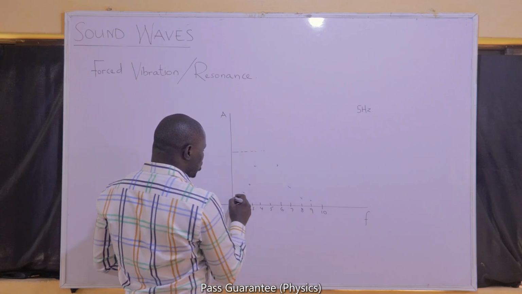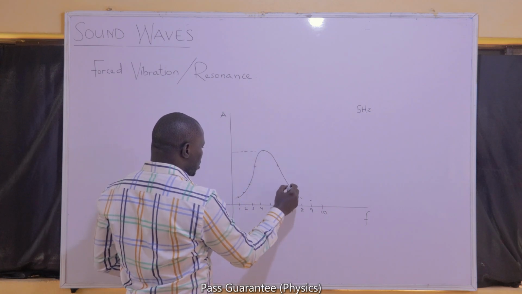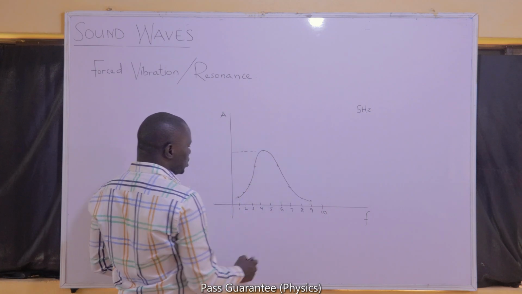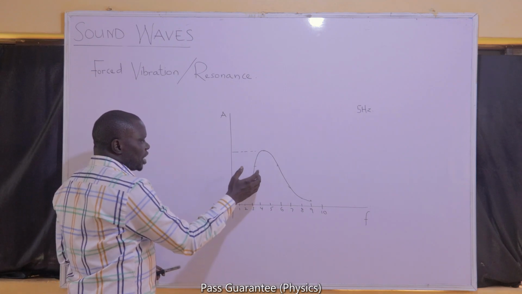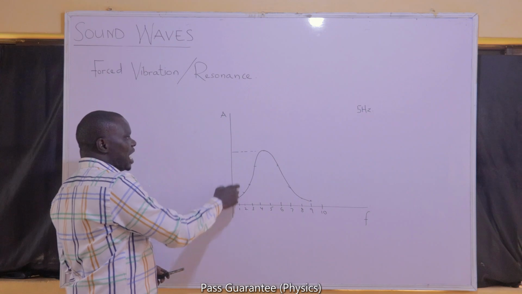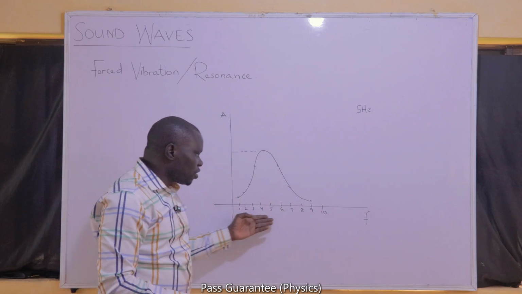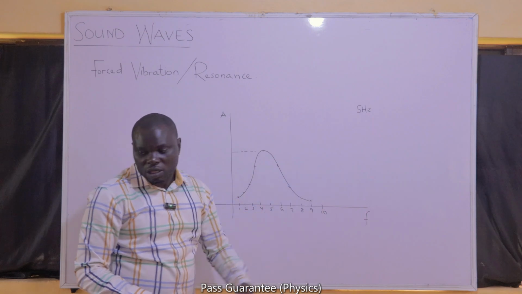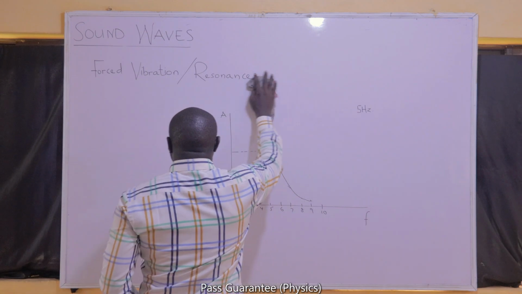So if we join those points, we will have a dumbbell shape, and this is the graph that you get anytime you plot the amplitude of vibration of a system against the frequency of the external periodic force that is attempting to set it into vibration. And that is all.